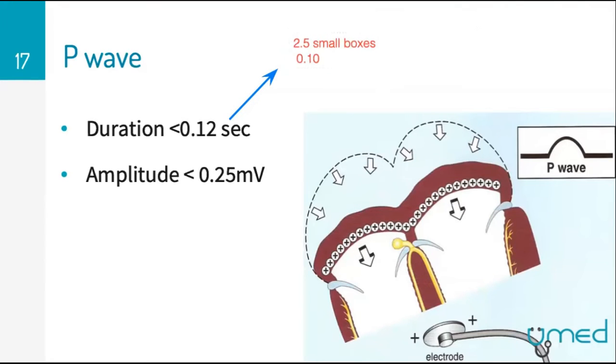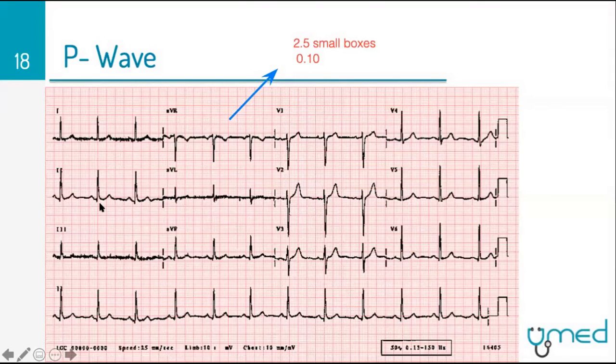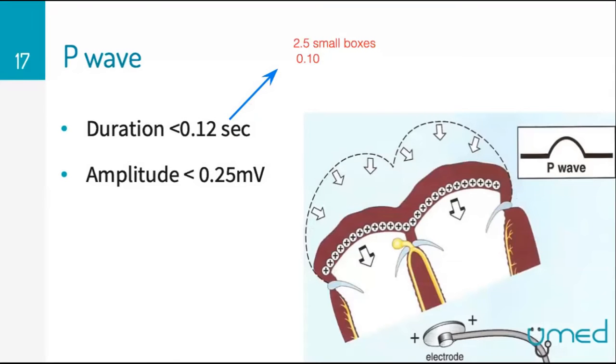Looking over here on an ECG, for example, Zoom makes it terrible. Yes, it does have a range, Sean, but how I learned it was it's best to just think of it as less than 0.12 seconds.